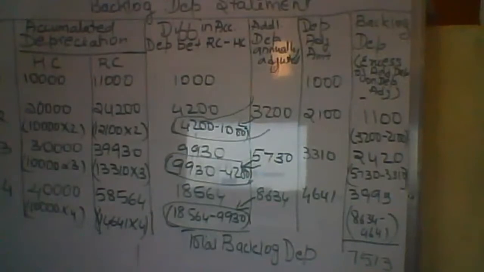So I am not only talking about the depreciation of that year, but if this depreciation was there in last year and the year before and the year before, I'm talking about the backlogs also. How much it should have been if this particular depreciation is going at 10%, what all it should have been in the past years also is basically called your backlog depreciation.